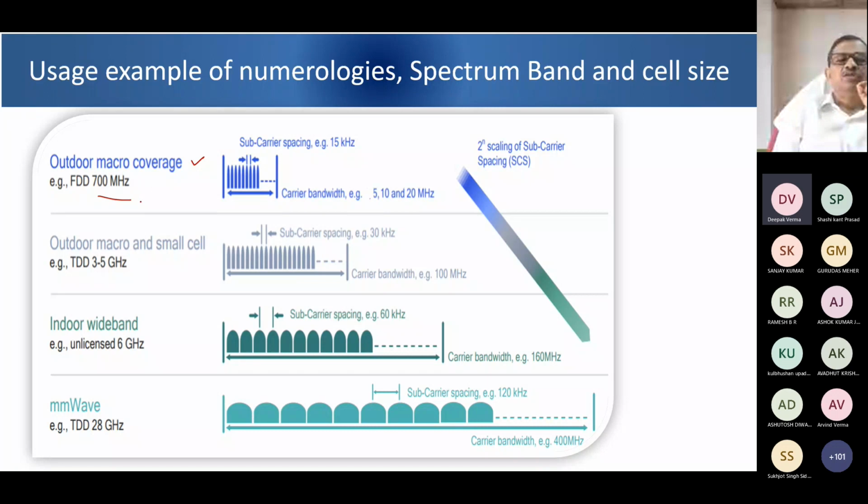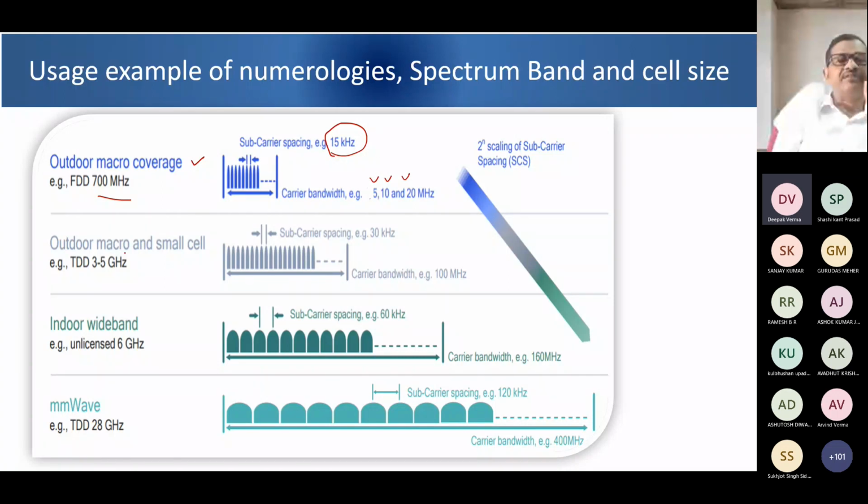The lower side of the frequency band will use lower numerology. This is just an example; it is not fixed that 700 megahertz will use 15 kilohertz only. And what channel bandwidths can be used? 5, 10 or 20, because you will not have more channel bandwidth in these 700 megahertz or 900 megahertz bands.